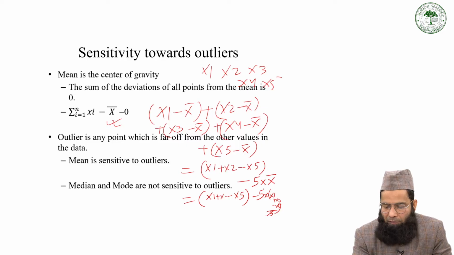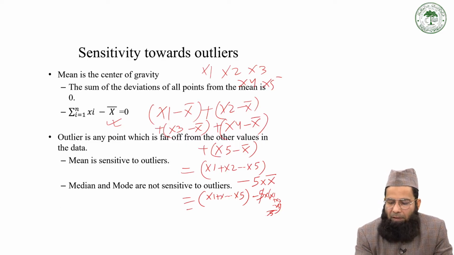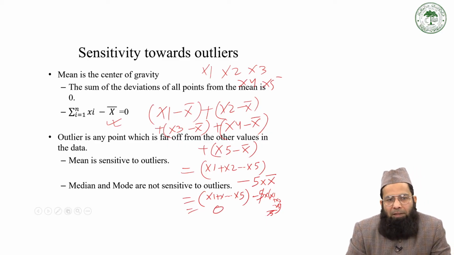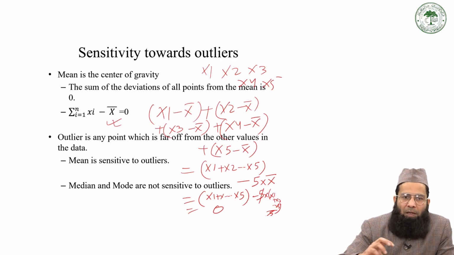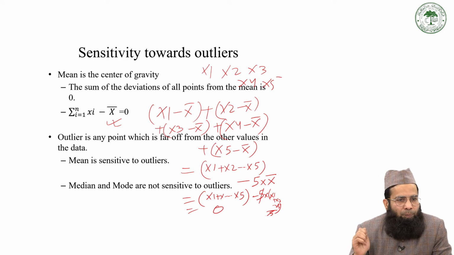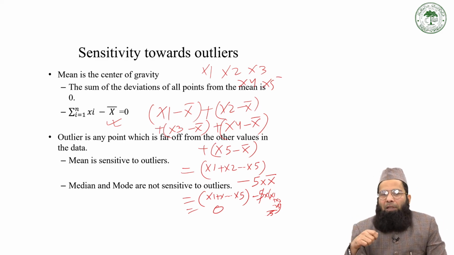So it cancels out, and you get the same value before and after the minus operator. So you will get 0 here. When you sum the deviations of all the points from the mean, you get 0.